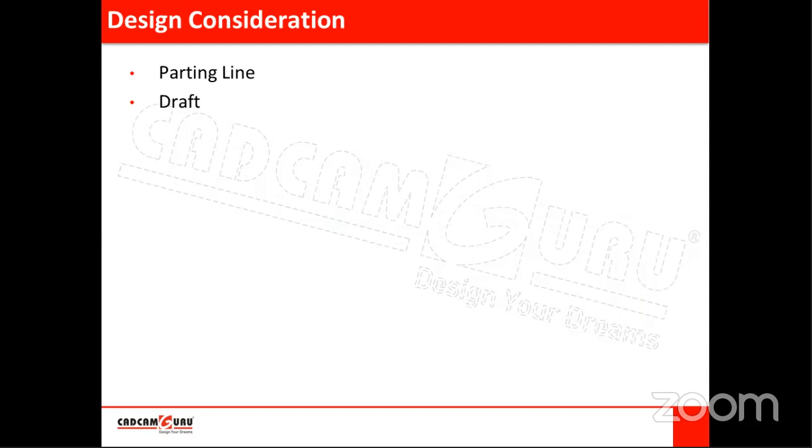So faces which are parallel to the motion of the die are drafted. There we apply draft angles, there we apply tapers. So we have to apply draft angles after the parting line.